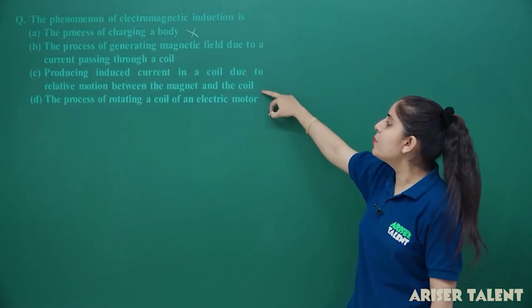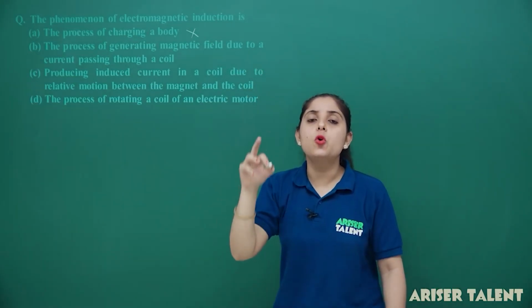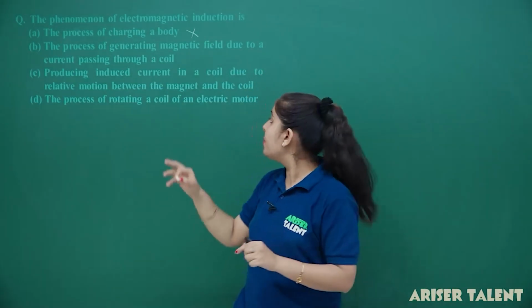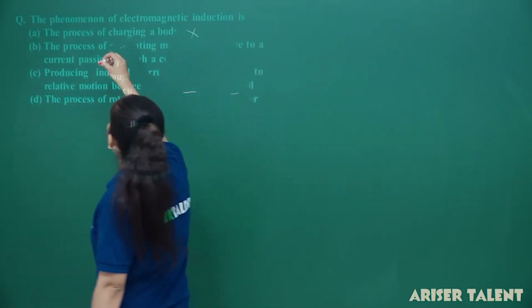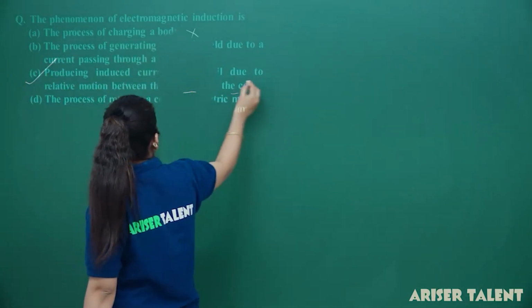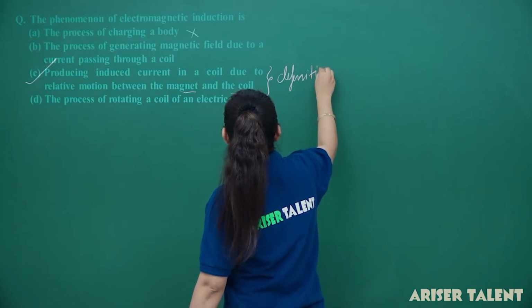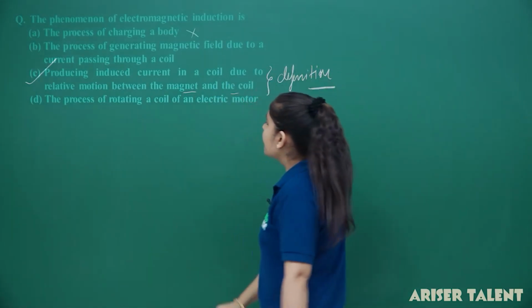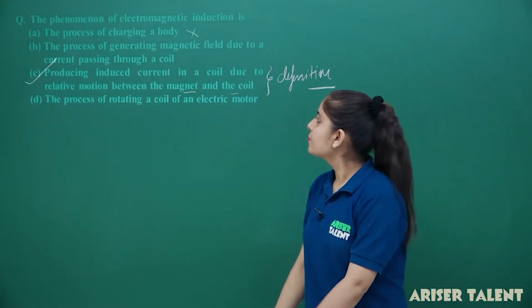So it is actually a process of inducing electric current, and electric current is induced only when there is a relative motion between magnet and coil. So which option is correct here? Option C is correct, and it is actually the definition of electromagnetic induction.